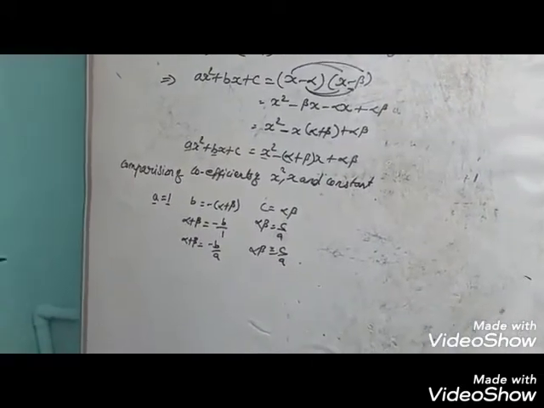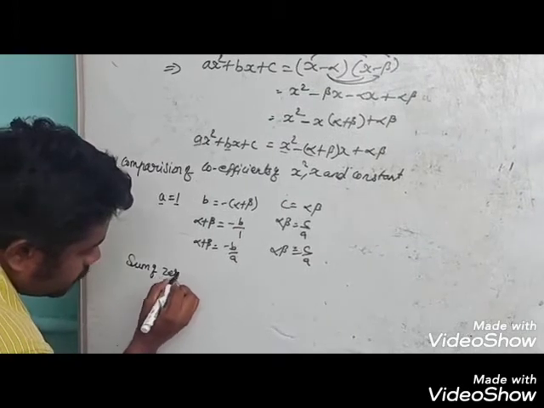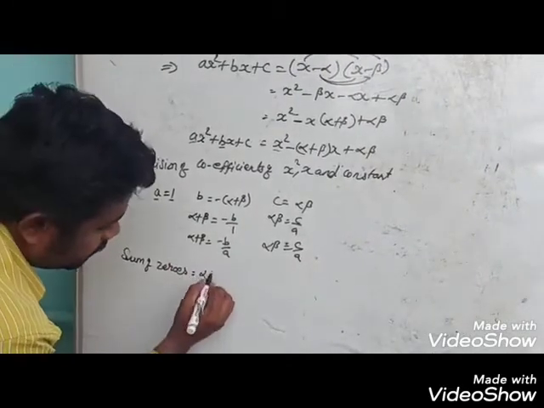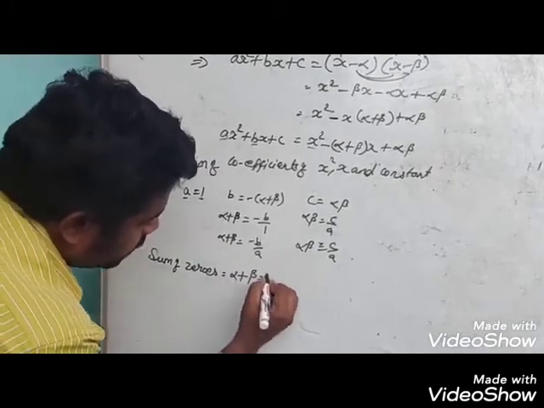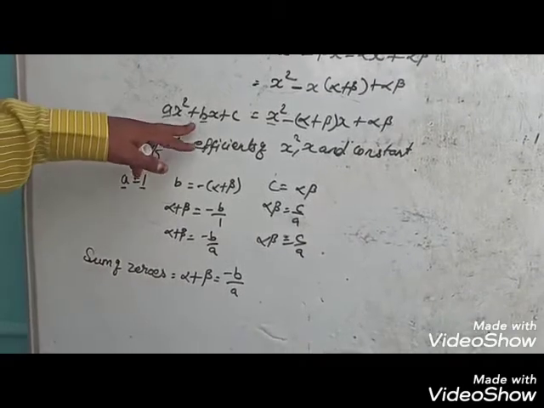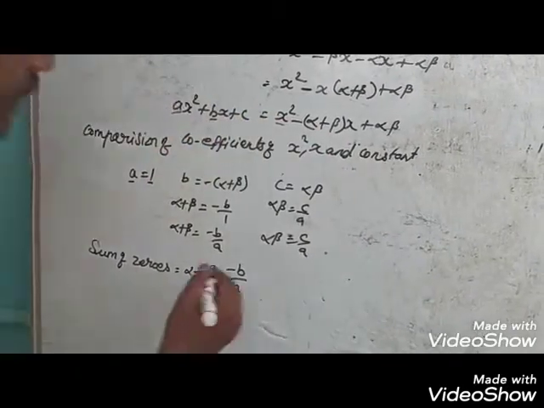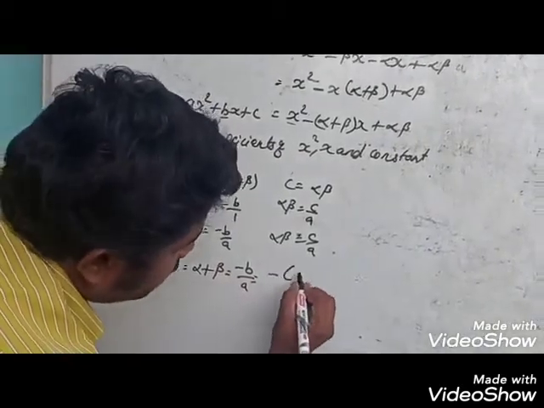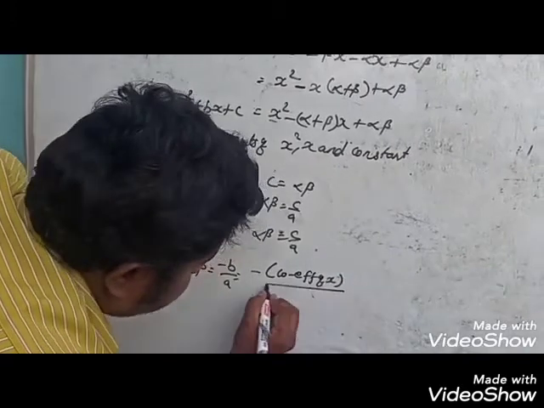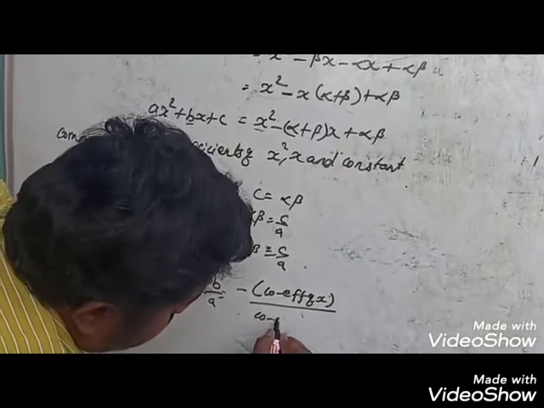Next we find the sum of zeros. The sum of zeros is nothing but alpha plus beta, which we wrote as minus b by a. Here b is the coefficient of x, so sum of zeros is minus of coefficient of x divided by a, the coefficient of x square.